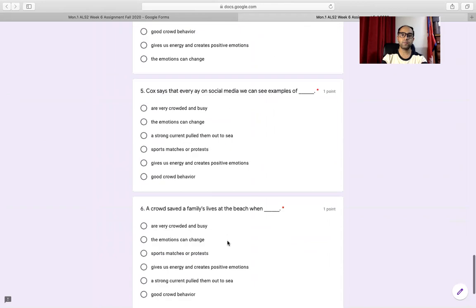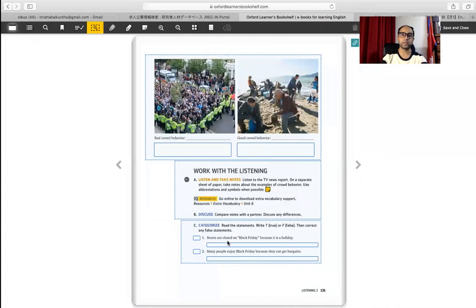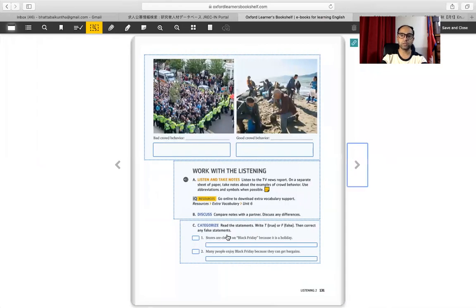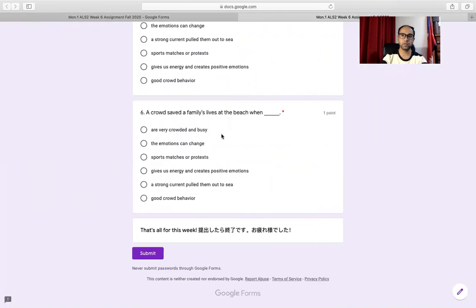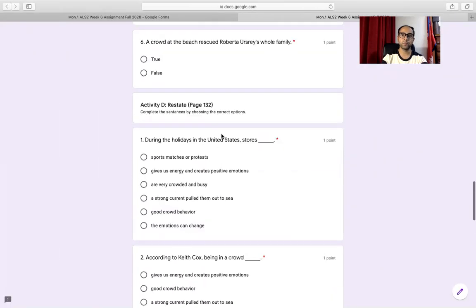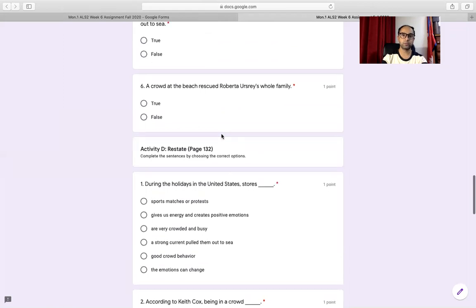And that's all. So activity C is over here on page 131 and 132. Activity D is on page 132 as well. So please work on that assignment.